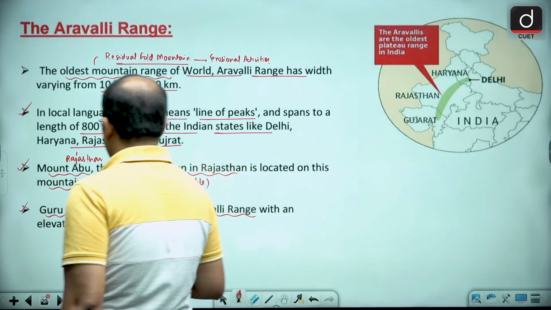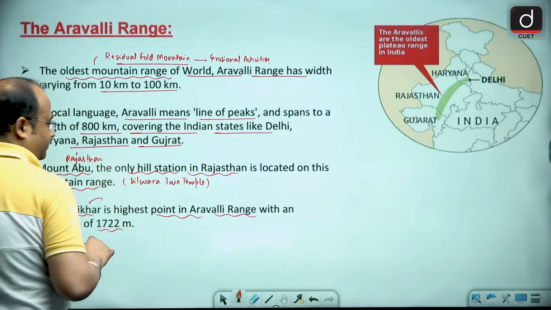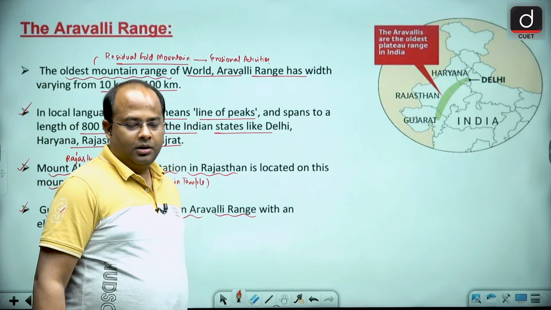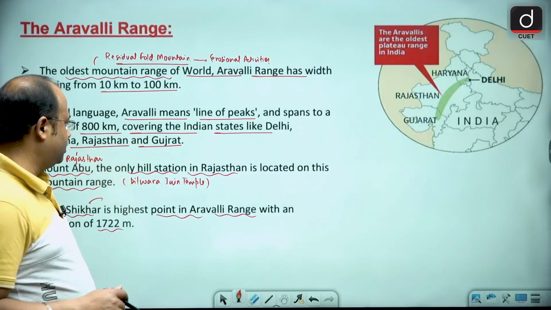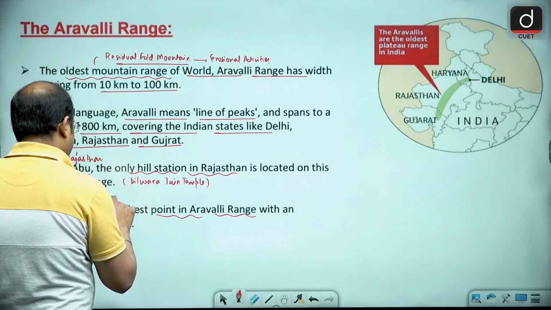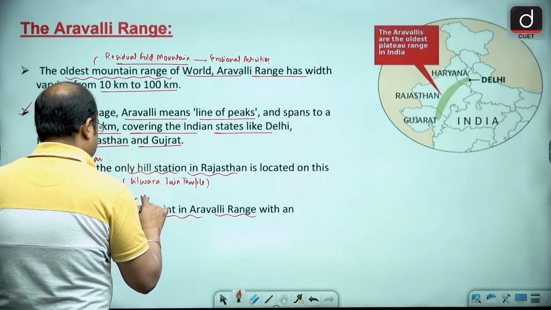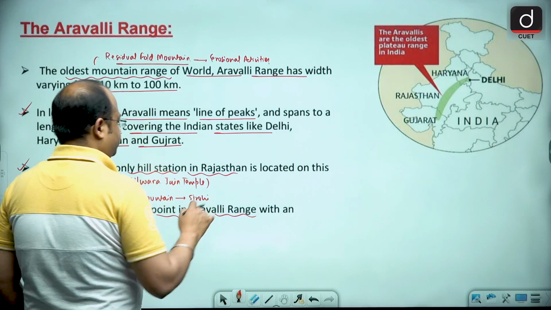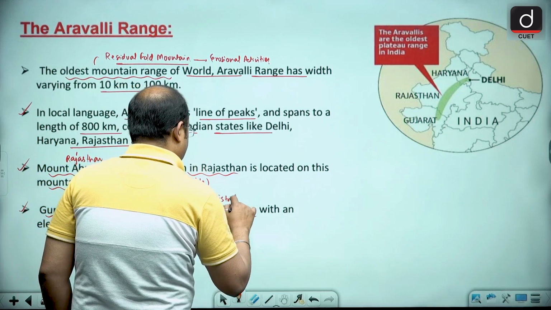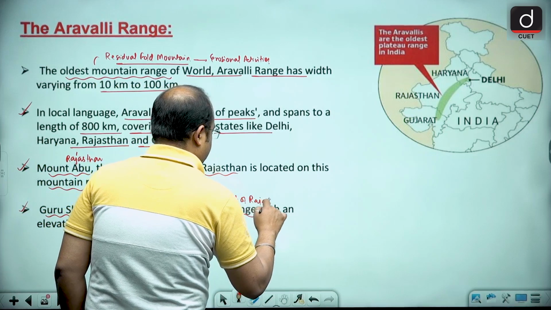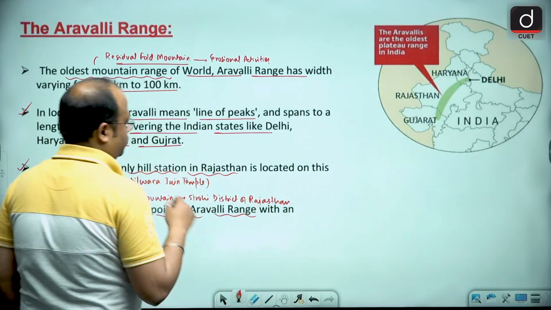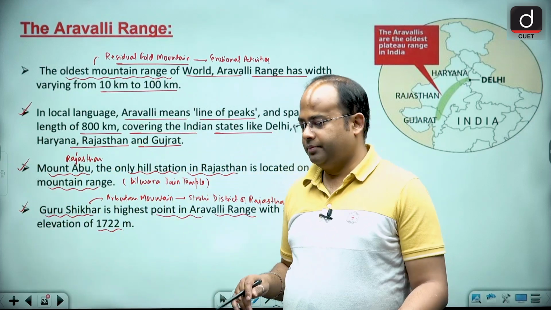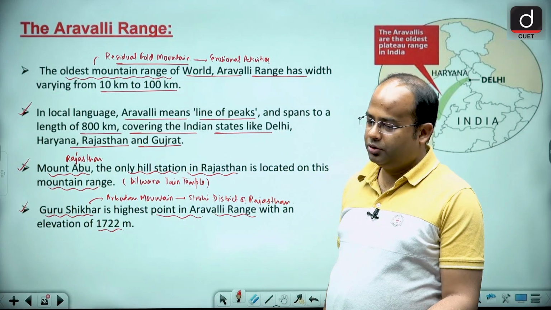And where is Guru Shikhar located? It is located on the Arbuda mountain range, in Sirohi district of Rajasthan.